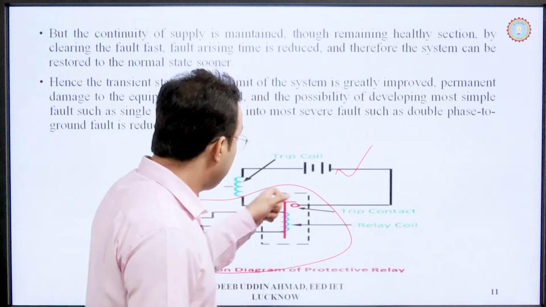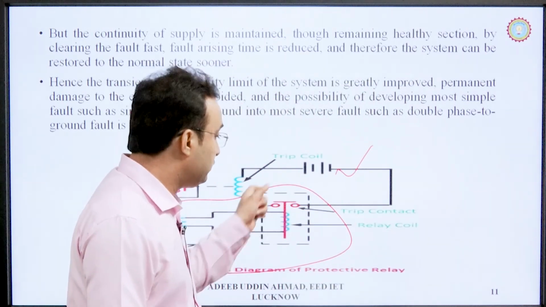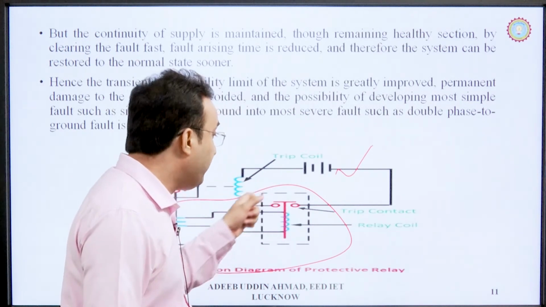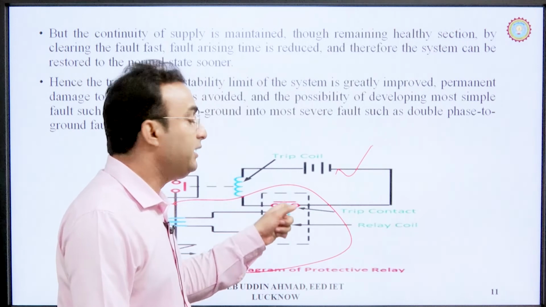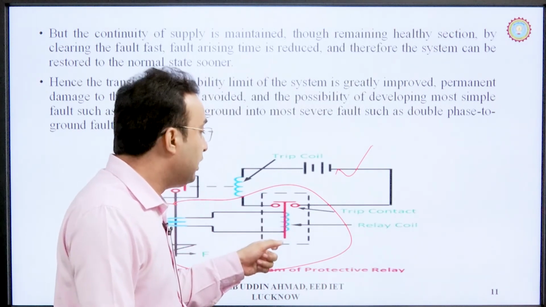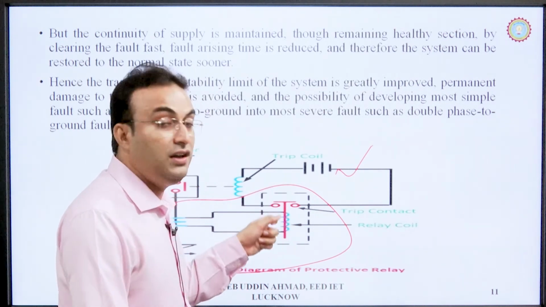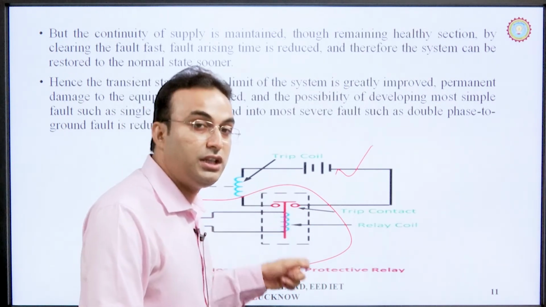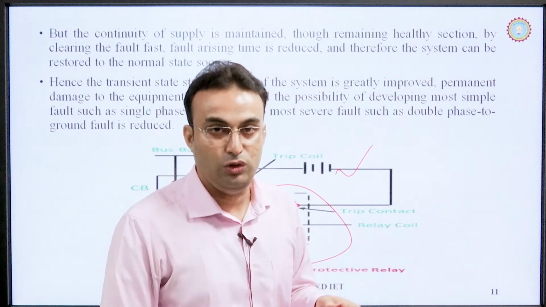For example, the minimum value of current, if you are talking about current, the minimum value of current that is capable of operating a relay, that can operate this coil, is called the pickup value. The minimum value of current that can operate this coil, or at which value the relay will work or the relay will energize its contact, is called the threshold value, or you can say the pickup value of the relay.